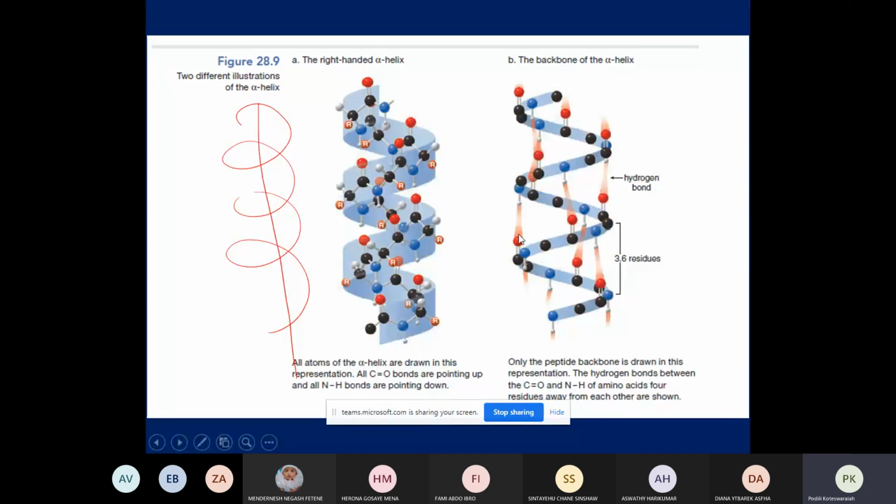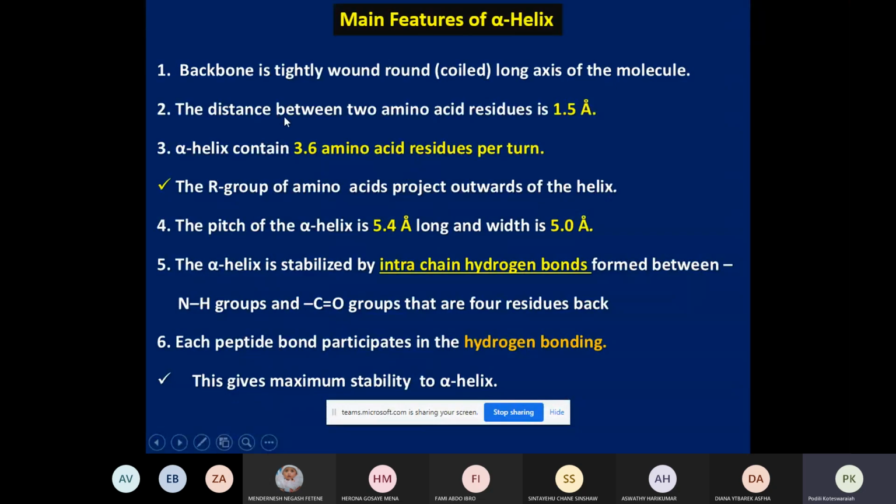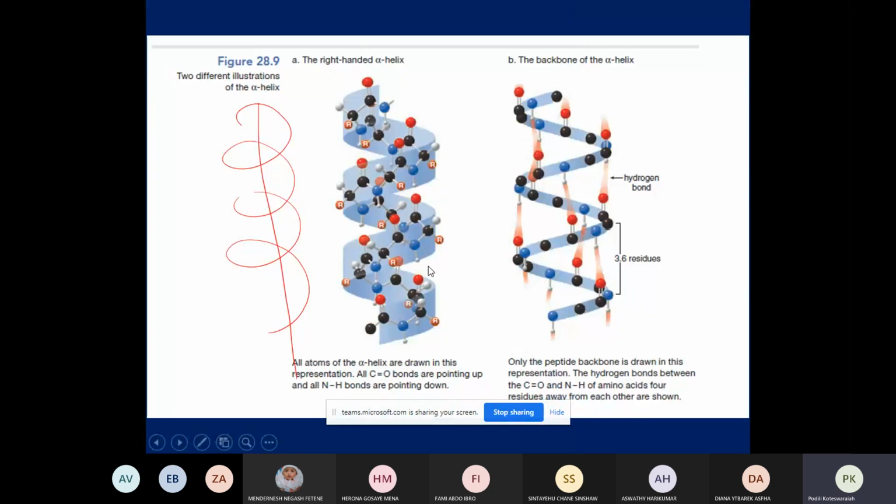And in the alpha helix, when it is coiling, the distance between two amino acid residues in this coil is 1.5 angstroms, and each turn has 3.6 amino acid residues, and the R groups are always projected outwards.